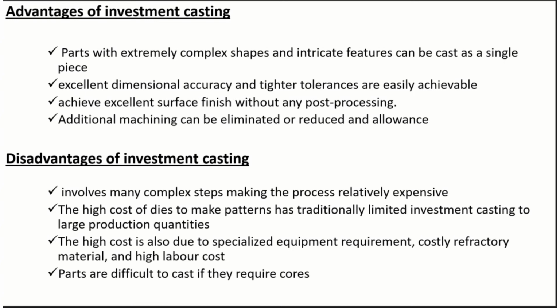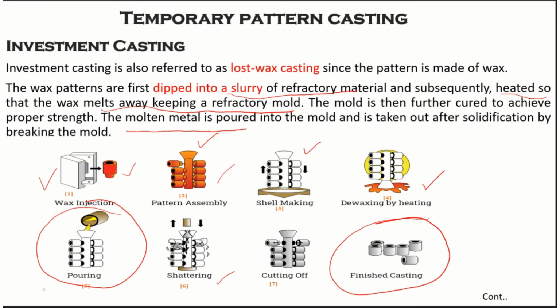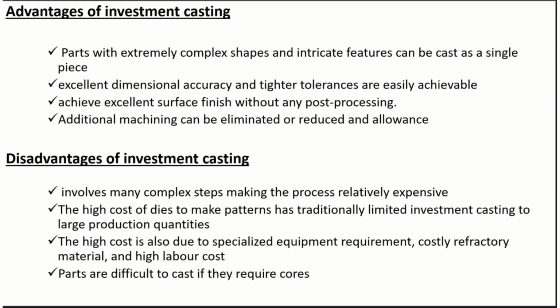The disadvantage with investment casting is that initially it involves many complex steps. As we see in the process, it has a number of steps, seven or eight, before the final product comes out. So this process is comparatively expensive.